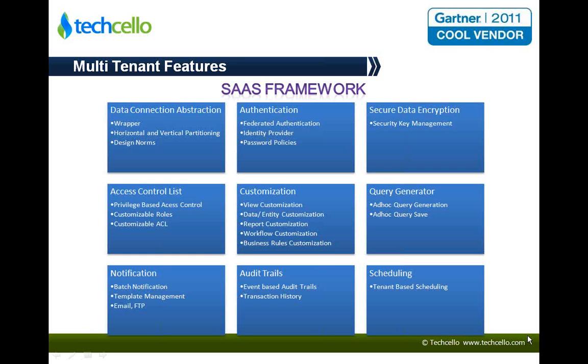We will again be talking about these blocks in detail, but on a high level, what you're seeing on the slide are the basic building blocks of a SaaS framework. Data connection abstraction, authentication, which handles how you log into the system and how user identification is going to happen in the system.